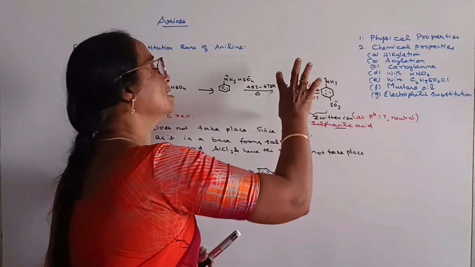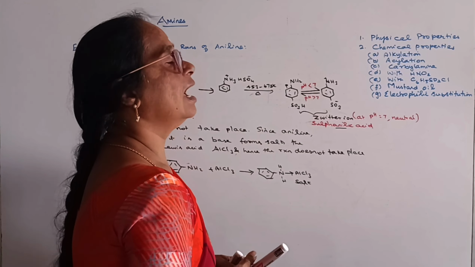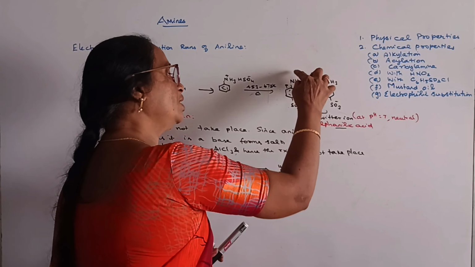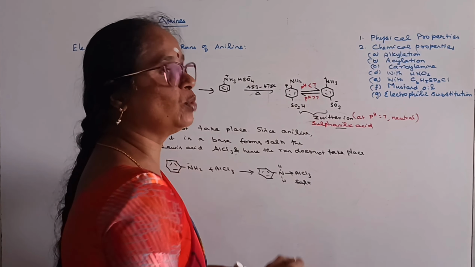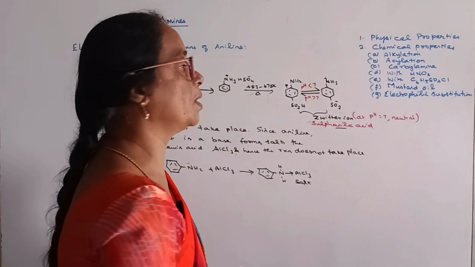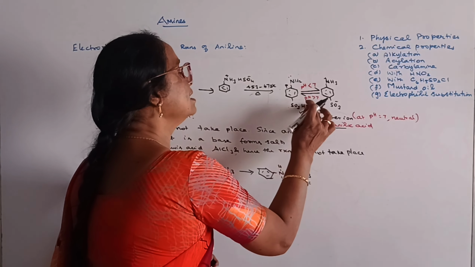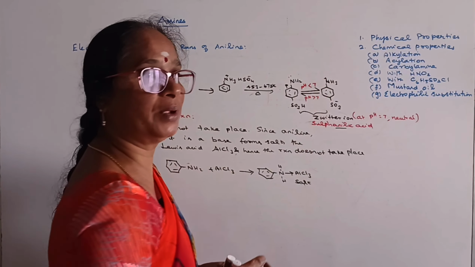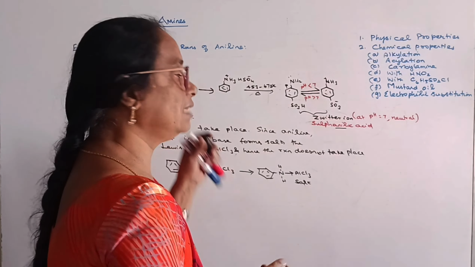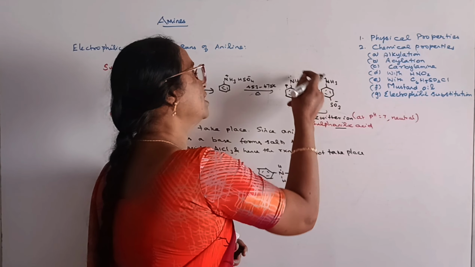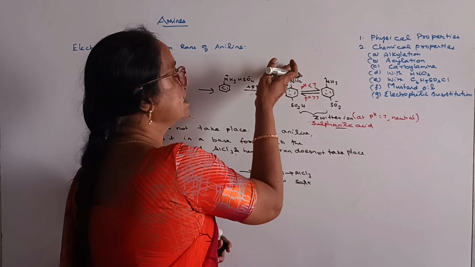This sulfonic acid has both the acidic group as well as the basic group in the same compound. The amino group is basic in nature and the SO3H group behaves as the acidic group. That's why they can transfer the proton between the acid and base.